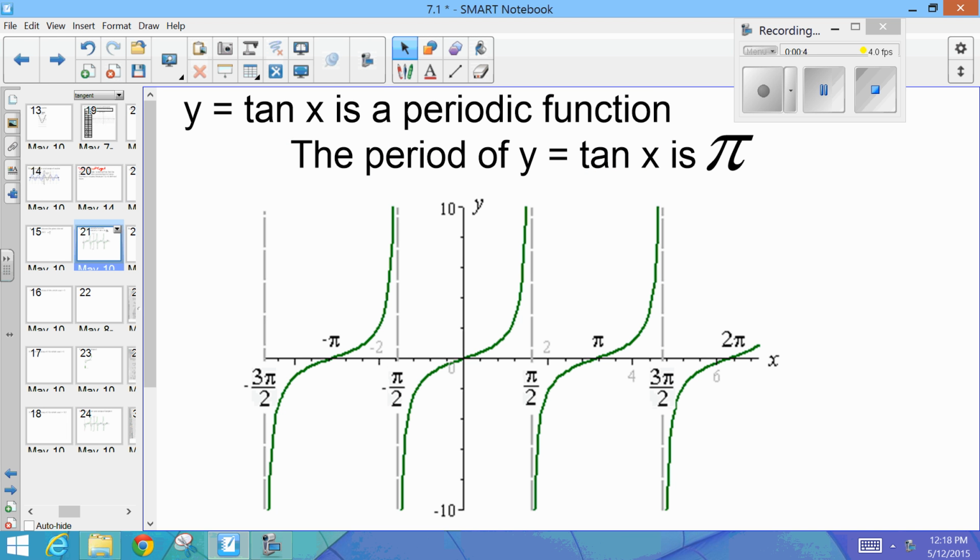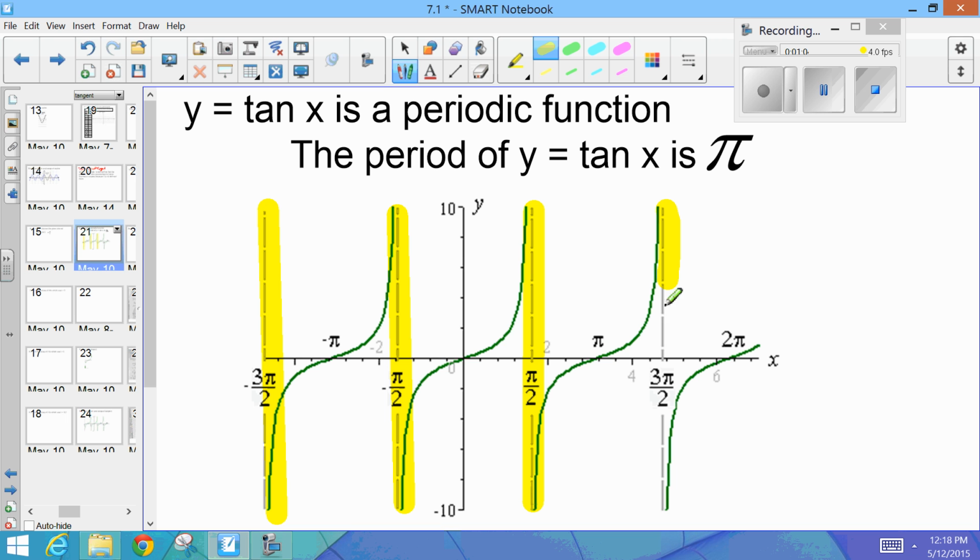All right, so here's your textbook view of the tangent function. Let me just point out a couple of things. Here, what I'm highlighting are vertical asymptotes.